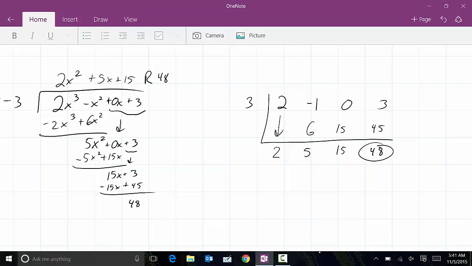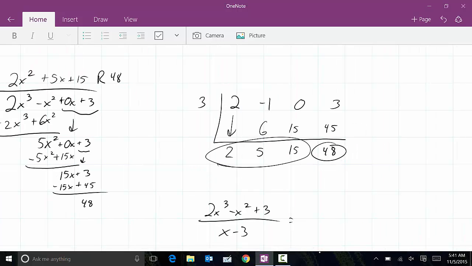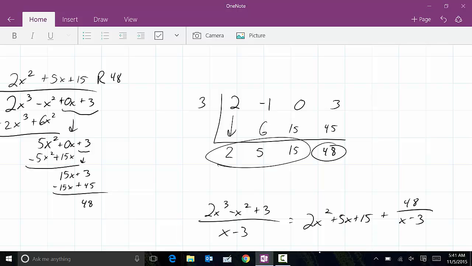So in other words, we found that 2x cubed minus x squared plus 0x plus 3, I'm just pulling these coefficients, divided by x minus 3 is equal to, and now I'm going to pull these coefficients, 2x squared plus 5x plus 15, and then plus 48 over x minus 3.